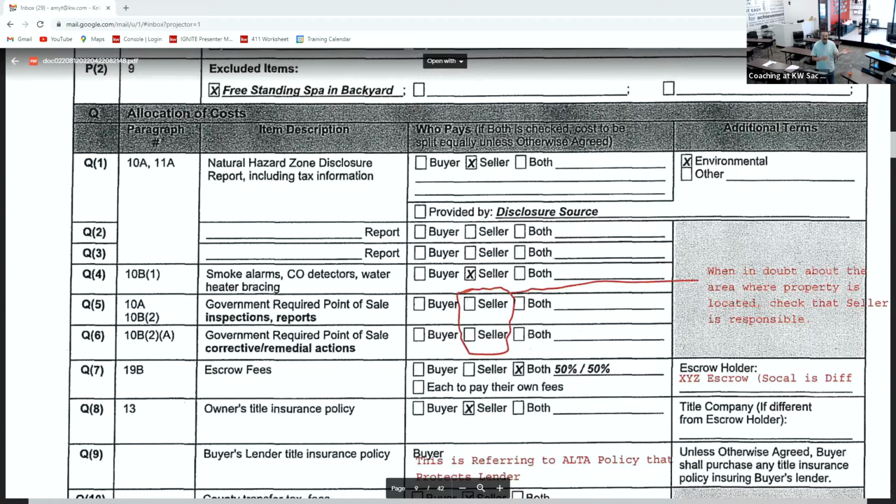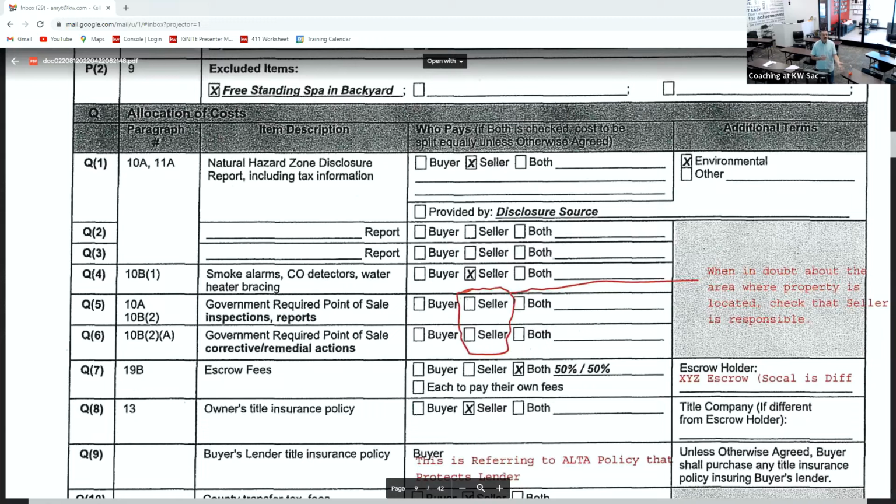They run the gamut in prices between probably $49 and $99, and they cover all of the statutory disclosures, such as, is the property in a high fire severity zone? Is it within X miles of a military ordnance storage zone? Is it in an earthquake zone, a flood zone?